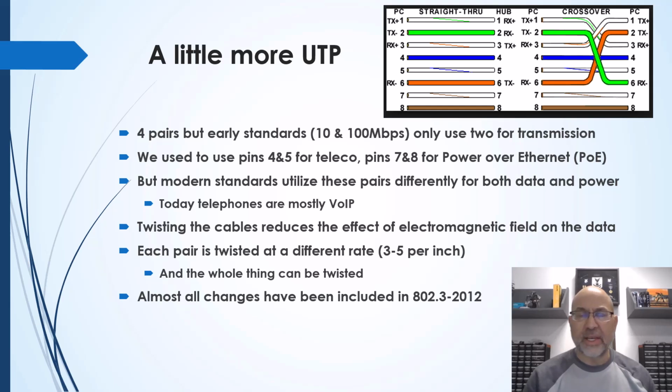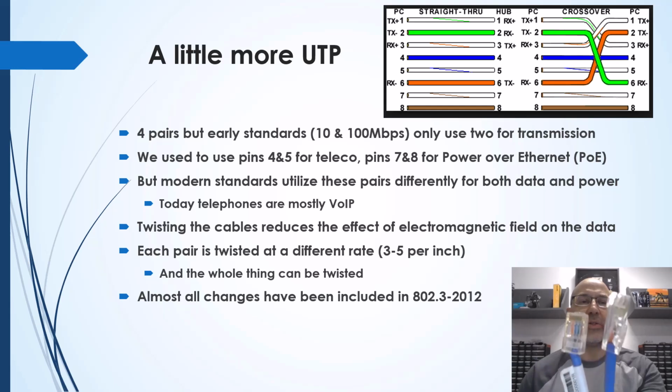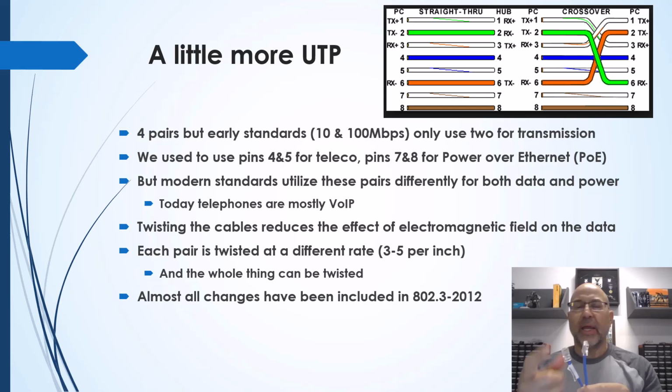Okay, so some more details about unshielded twisted pair. Unshielded twisted pair is exactly what it sounds like. It is a set of wires put into a cable just like this one, and we terminate it with RJ45s. Inside this cable there are 8 individual conductors: 4 pairs, each color-coded, right?